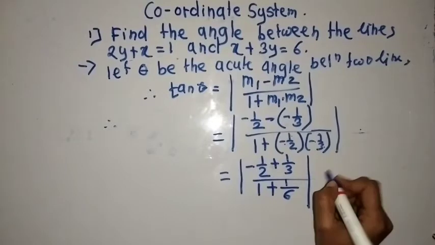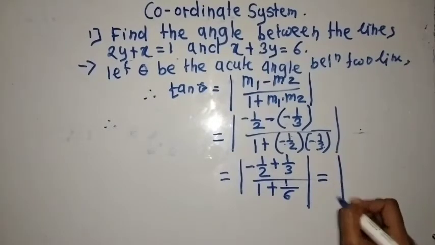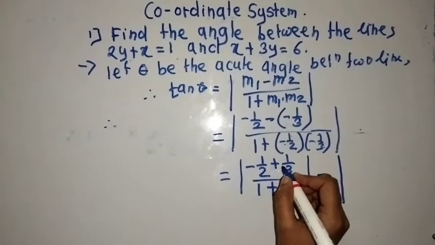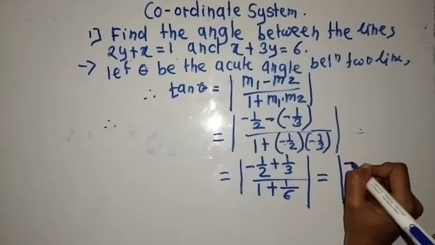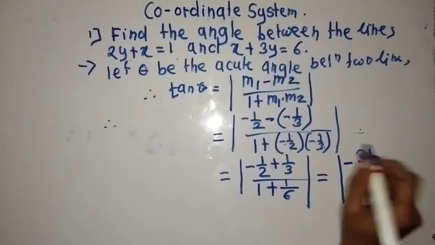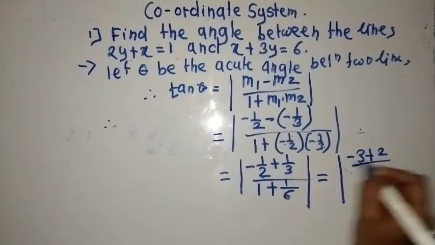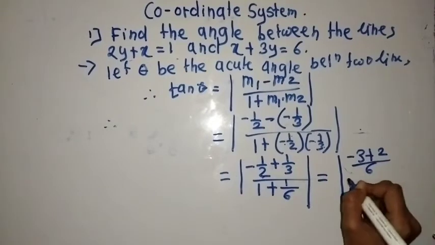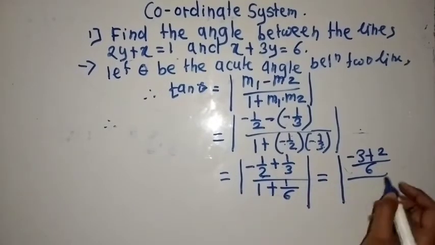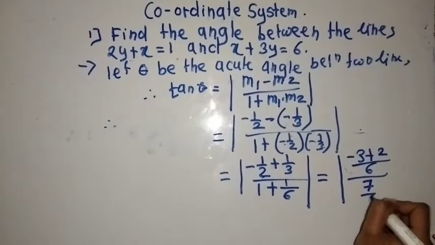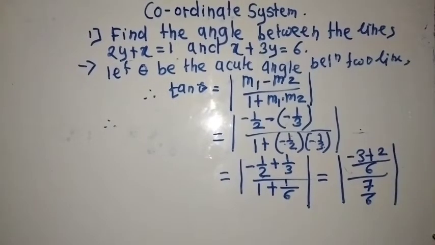Hence we get, this addition is 3 into 1, minus 3 plus 2, upon 6, and 6 plus 1 is 7, so 7 upon 6.